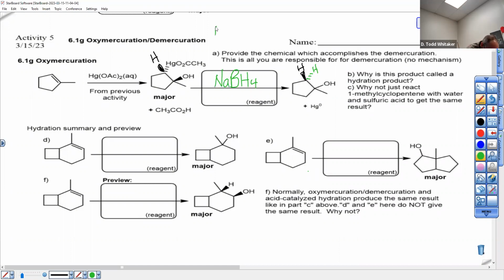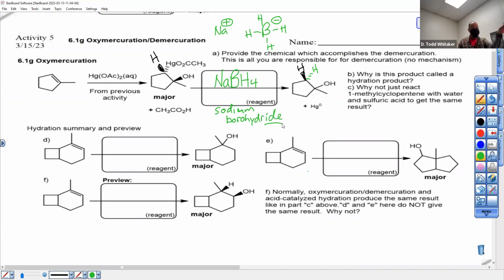And if you're curious, it looks like this. Na plus is a spectator. B with 4 H's is an anion. And it's called sodium borohydride. Why ide?